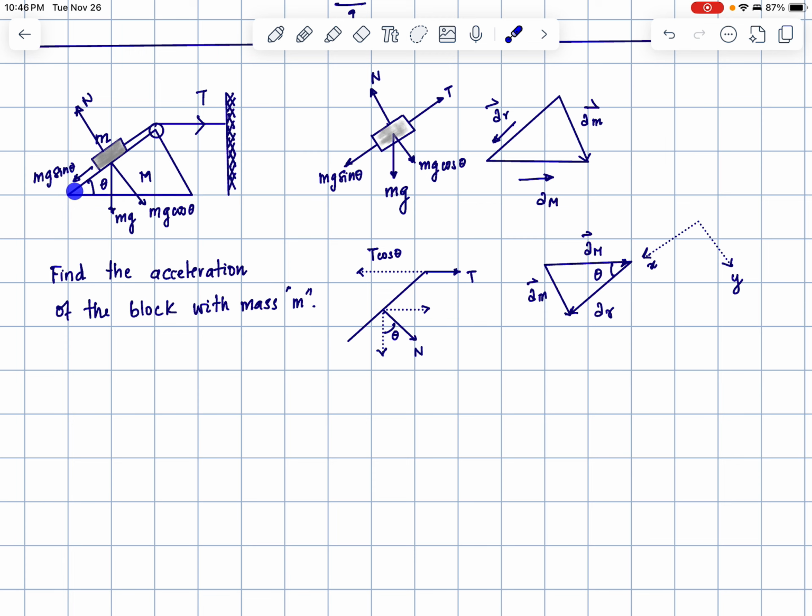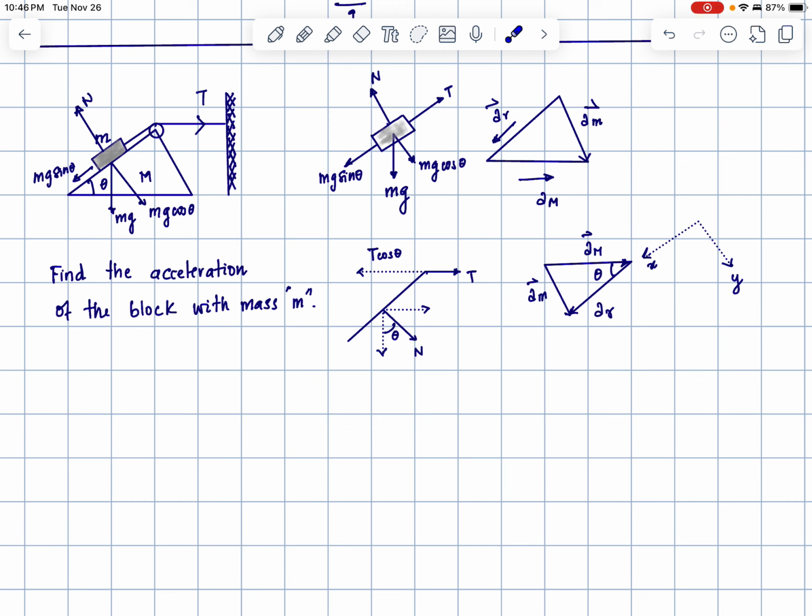So the block containing the inclined plane has mass capital M, and the little block has mass of little m. Okay. So the question is, what is the acceleration of the block with mass little m? Okay. So that's what we need to figure out.